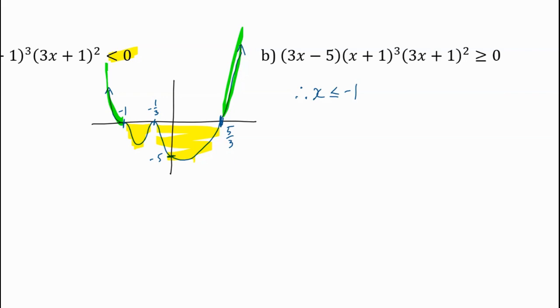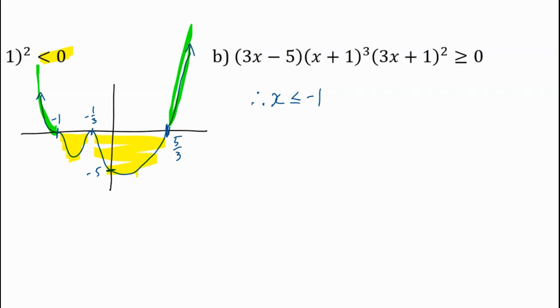Because this says greater than or equal to 0, and it's not ever greater than, but it is equal to 0 at that point. So we have to include it. So there's 3 places for that one.